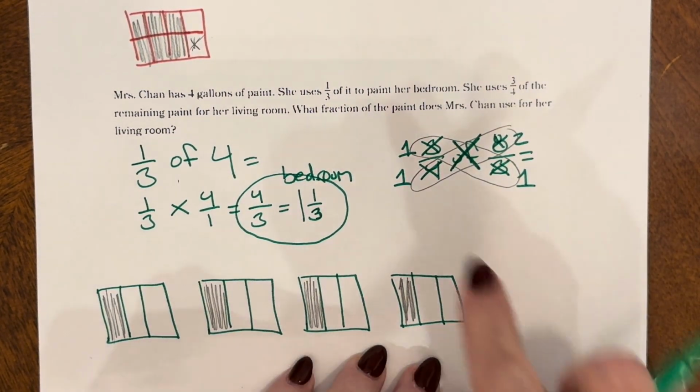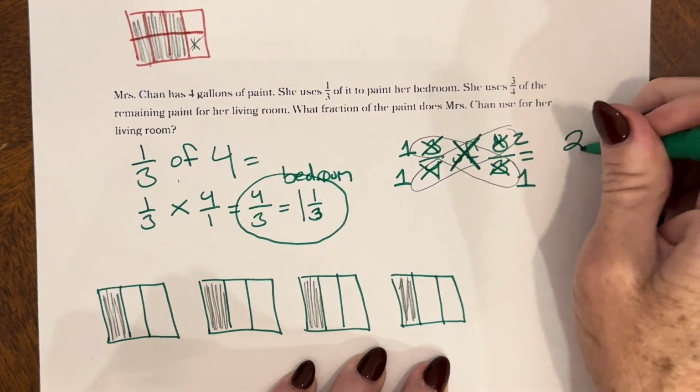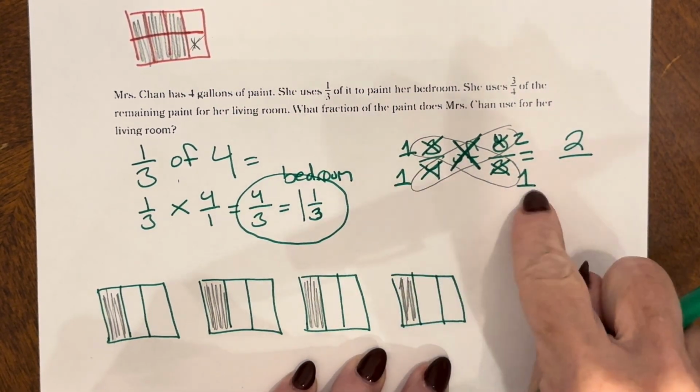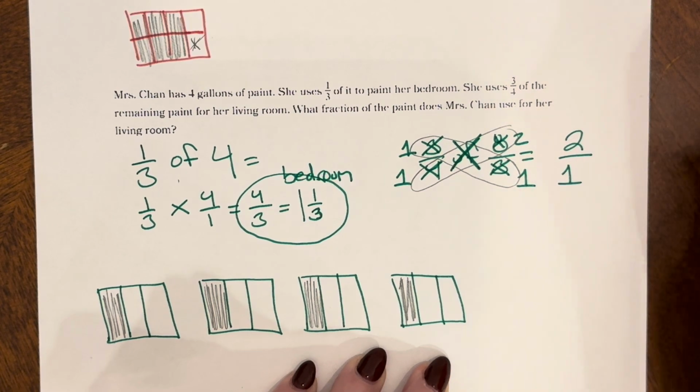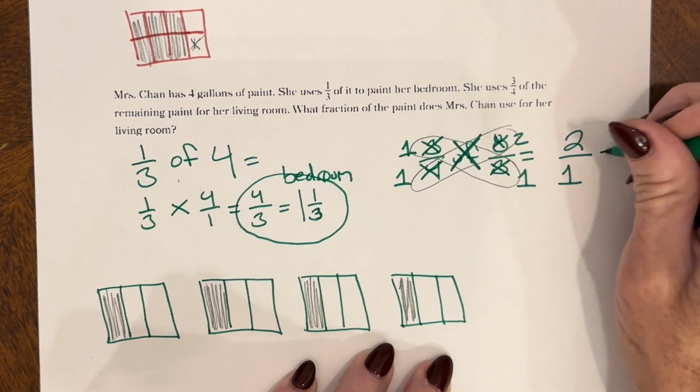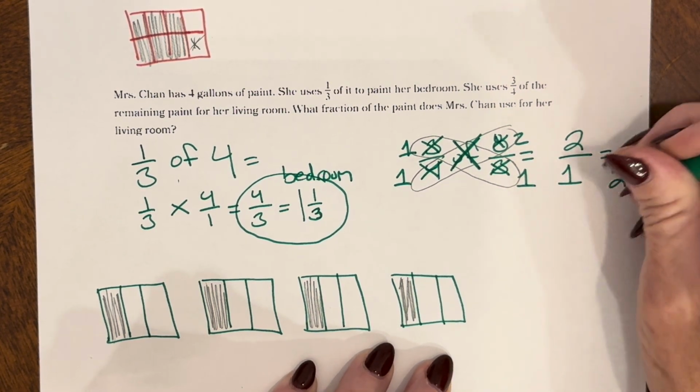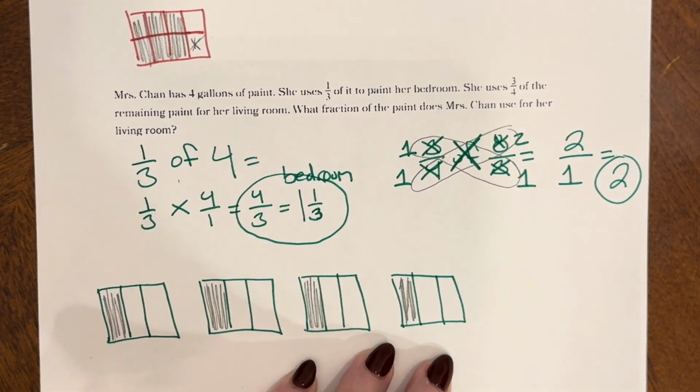So what do we have then? We have 1 times 2 is 2. And 1 times 1 is 1. So I'm getting our answer to be 2. She uses 2 entire gallons of paint.